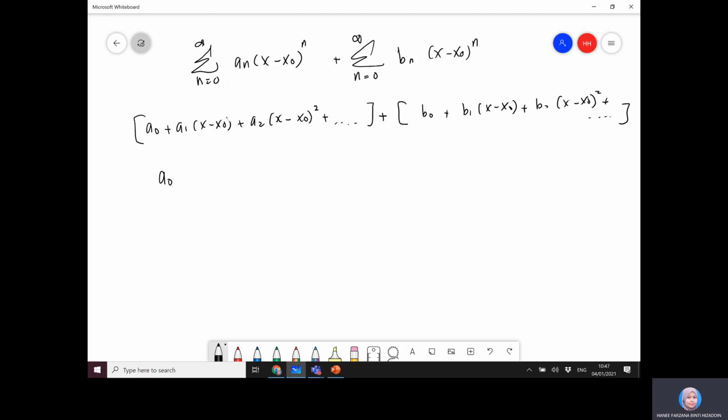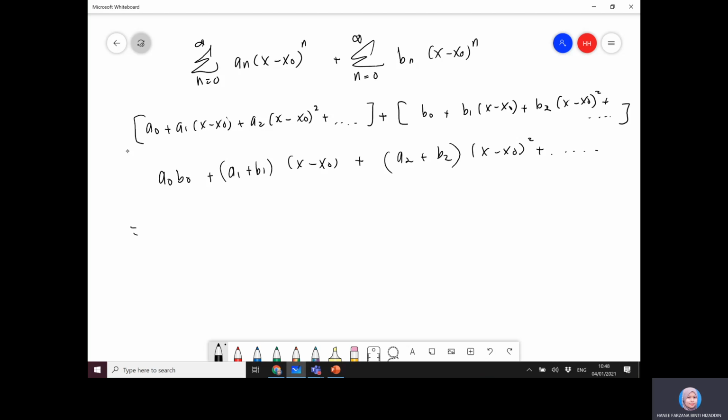So you can just collect all the similar terms together: a naught plus b naught, plus a1 plus b1 times (x minus x naught), plus a2 plus b2 times (x minus x naught) squared, and so on and so on.